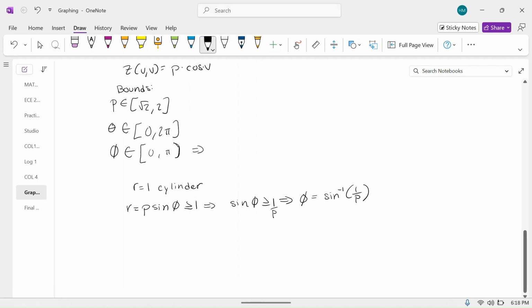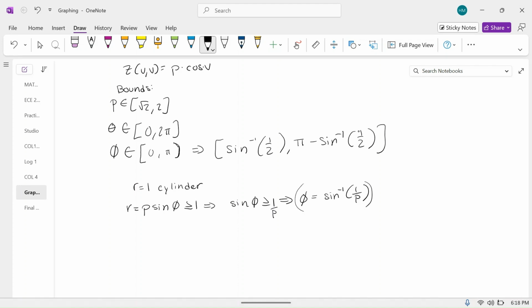And now to include this, it is going to be sine inverse 1/2 to pi minus sine inverse 1/2.